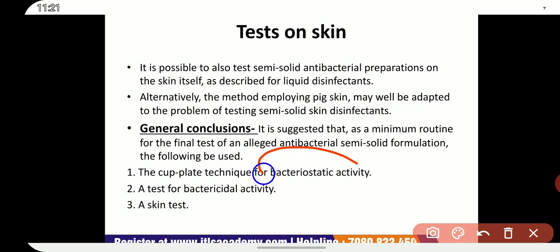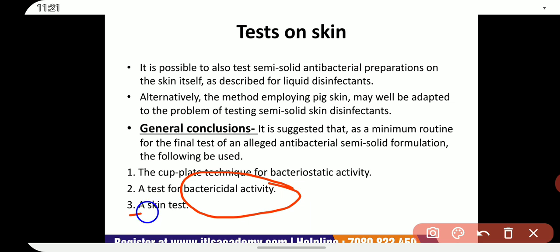So, this is the basic difference between bacteriostatic and bactericidal activity, and we have also covered all these activities in our previous lecture. If you have not watched, you must go to the previous lecture and watch the bacteriostatic and bactericidal activity.